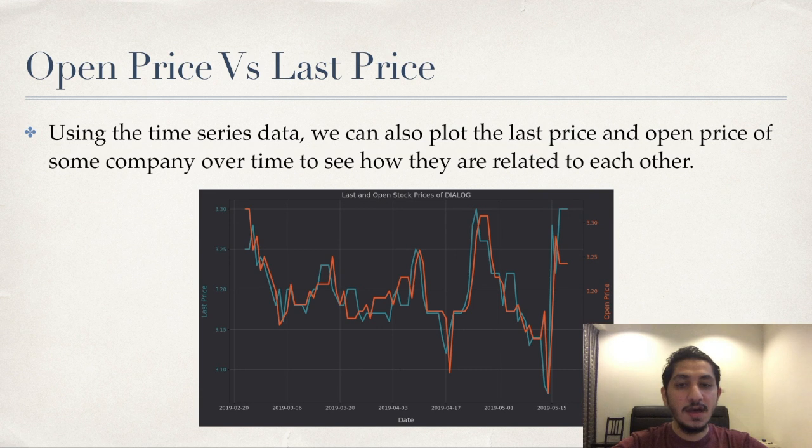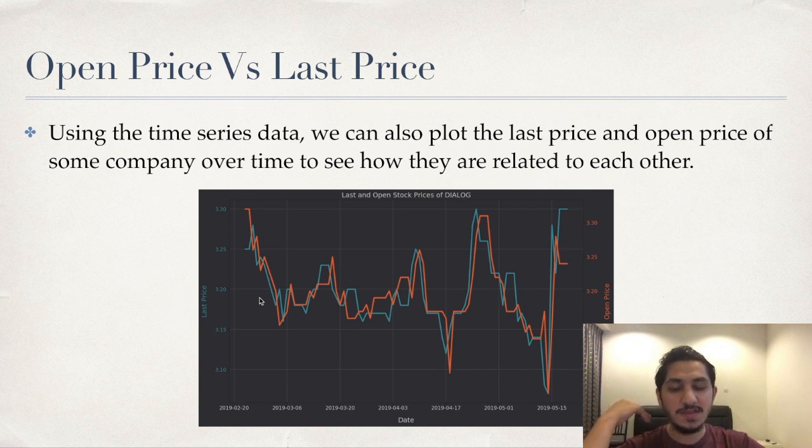We also plotted the open price and last price of the same company to see the relationship between these two prices. For example, here we see the open price in red and the close price or last price in blue. These prices are of Dialog company. We can see that the open price is shifted to the right from the last price, and this is logical because normally, the open price of the day is the last price of the previous day.